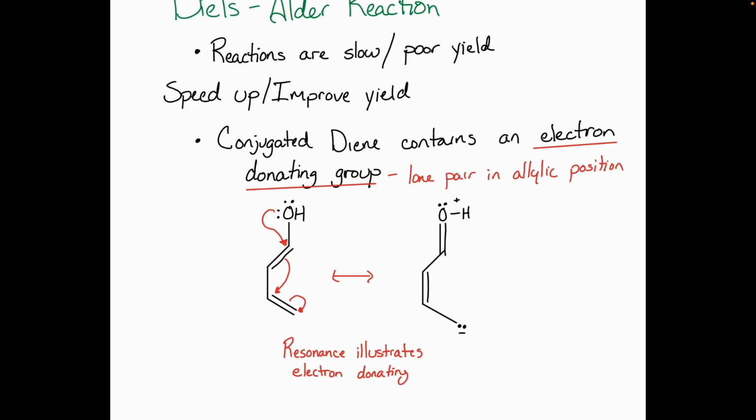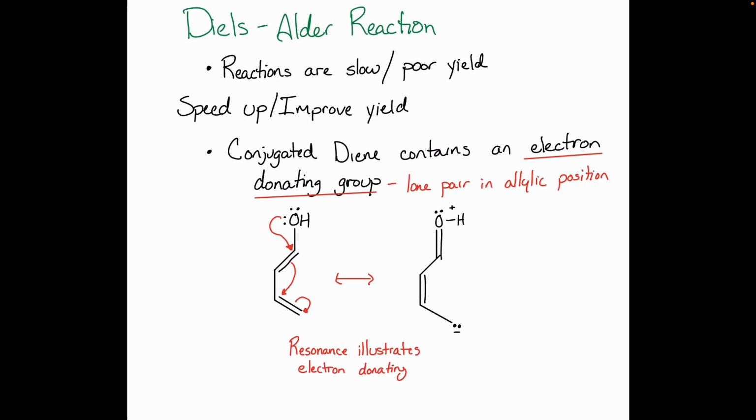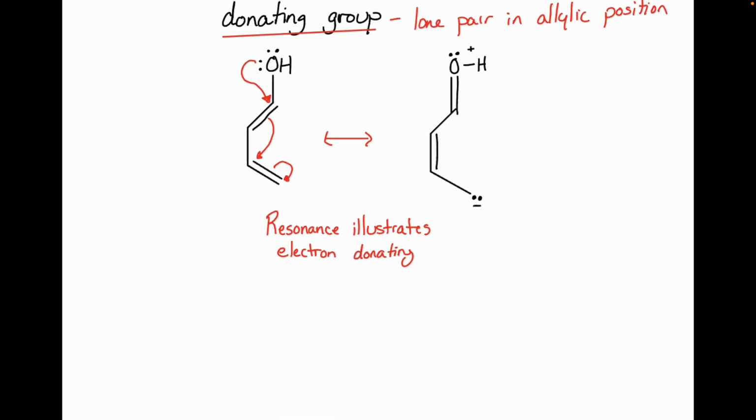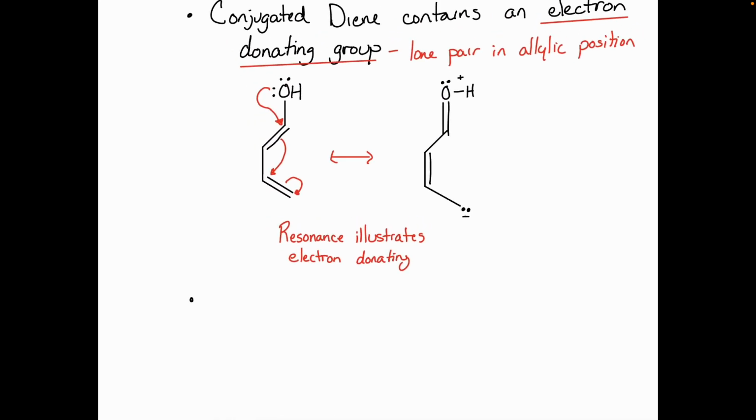So you can improve the yield on these otherwise not really great reactions by taking a conjugated diene that has an electron donating group on it. You can also do the flip side here, which is pick a dienophile that contains not an electron donating group, but an electron withdrawing group.